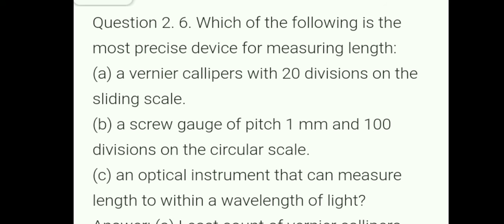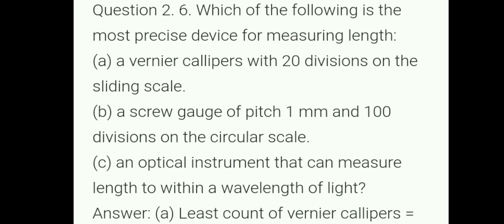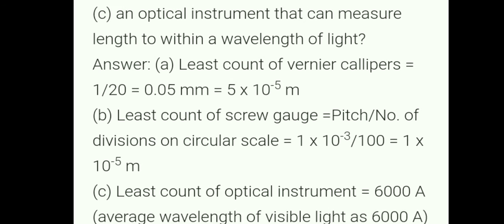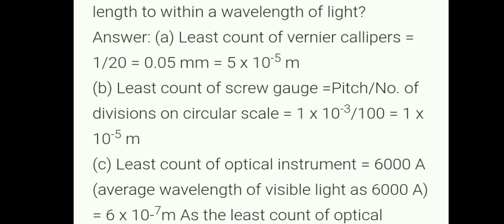B. A screw gauge of pitch 1 mm and 20 divisions on the circular scale. And C. An optical instrument that can measure the length to within a wavelength of light. So first of all we have to calculate the least count of each scale. The device which gives the minimum least count will be the most precise for measuring length.